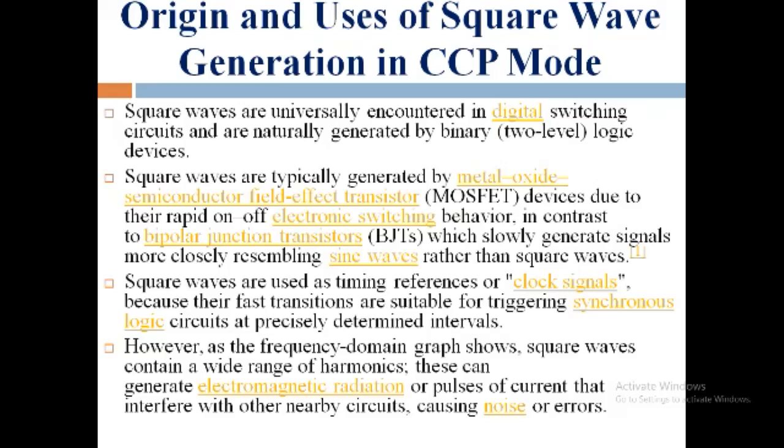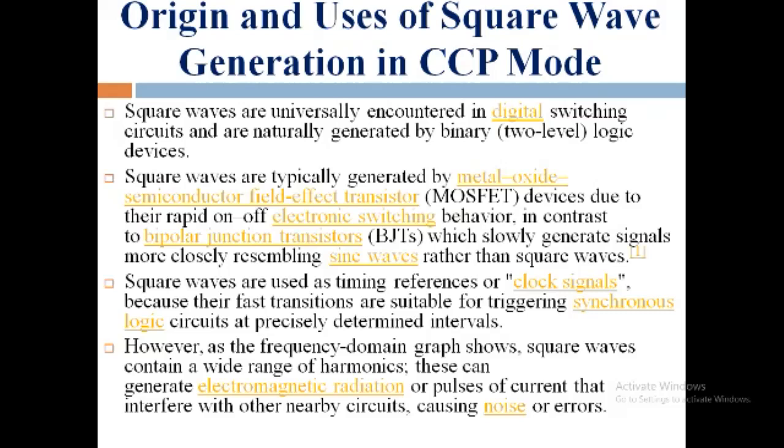Square waves are typically generated by metal oxide semiconductor field effect transistor, that is MOSFET devices, due to their rapid on-off electronic switching behavior, in contrast to bipolar junction transistors, that is BJTs, which slowly generate signals more closely resembling sine waves rather than square waves.